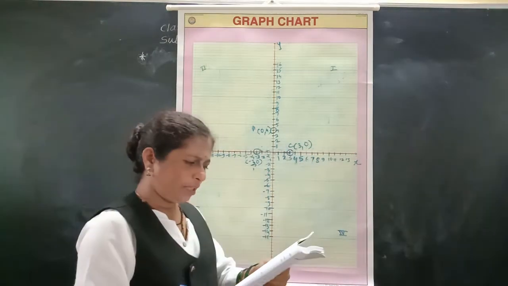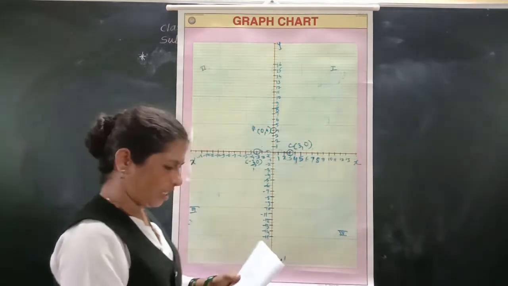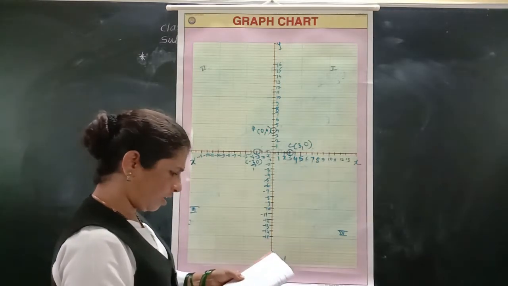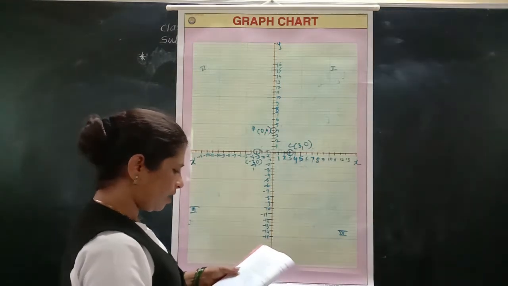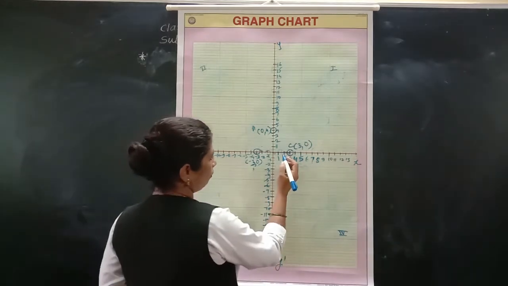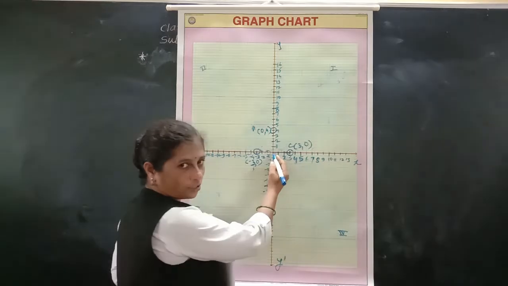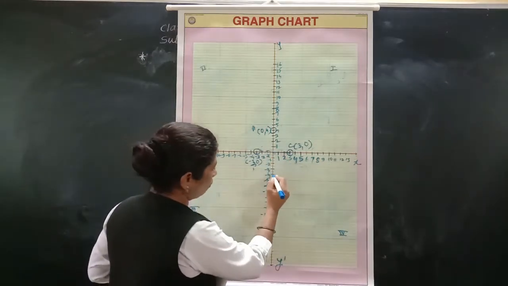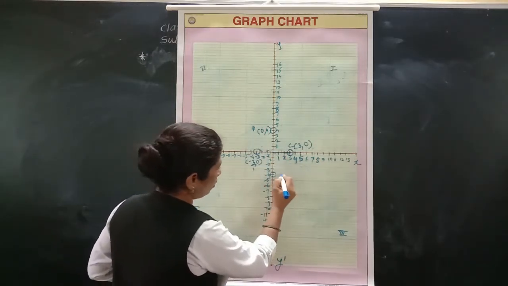Then name the figure obtained by these points A, B, C and D. Oh, D is there also, right? And one more point is 0, minus 4. 0, minus 4 means x-axis 0 and y-axis minus 4. So this is your point.